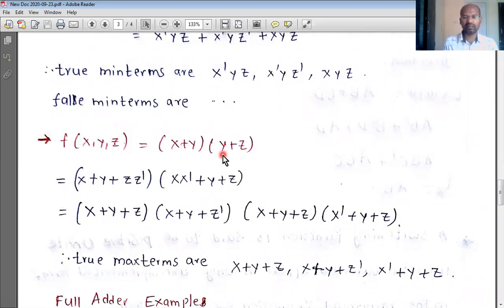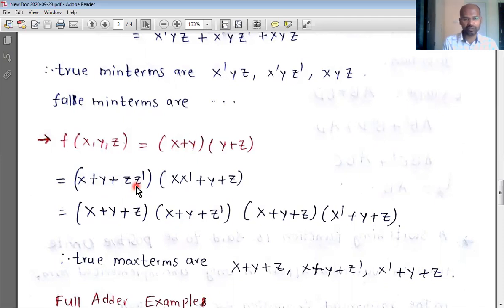So neither this nor this is a max term actually. We can convert this non-max term into a max term by doing the following. It is a sum term already. So what we do is x plus y, by adding 0 to the sum term, that doesn't alter the result.